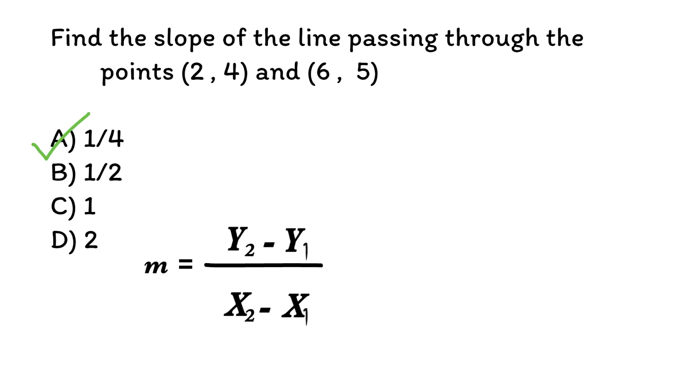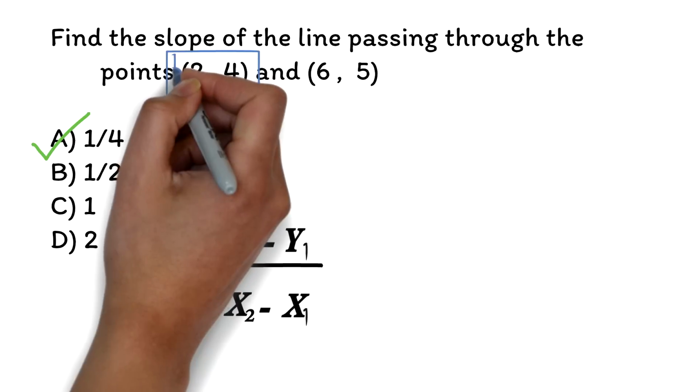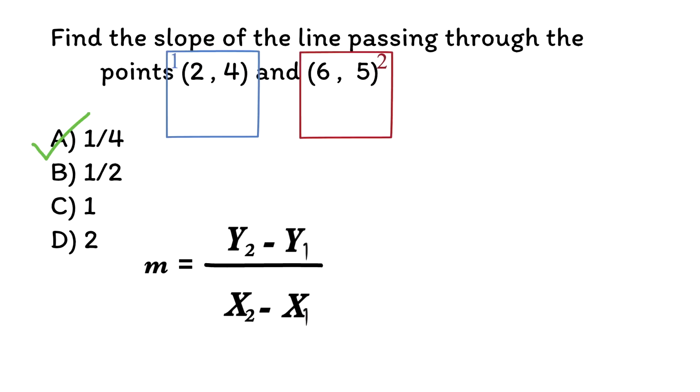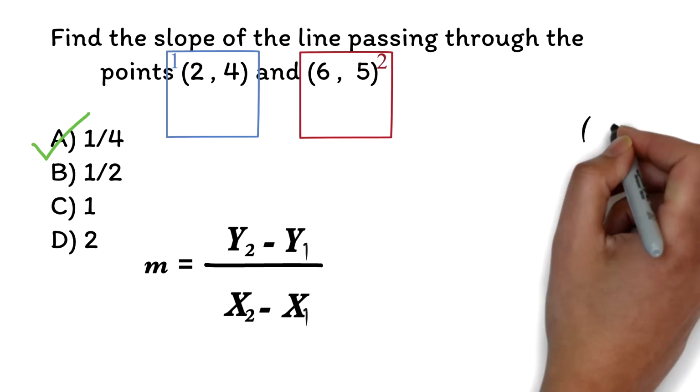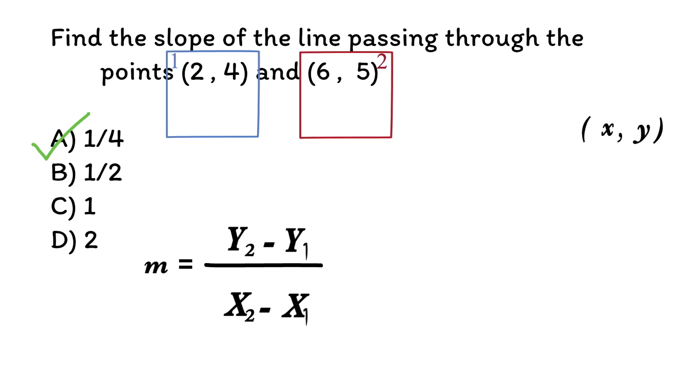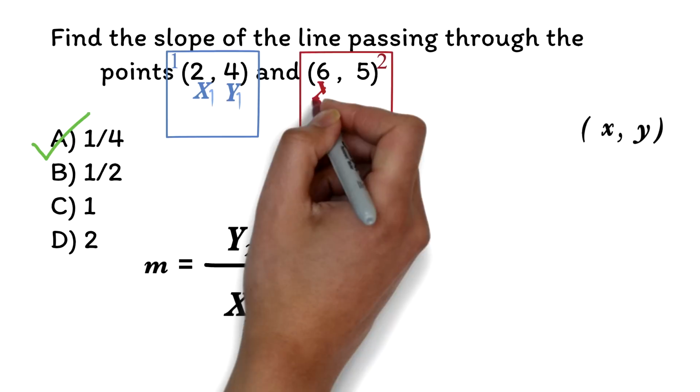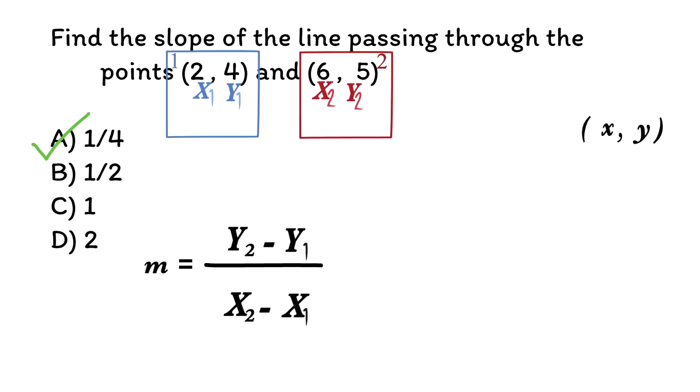Please note that you can call either of the points 1 or 2. I'm choosing this as 1 and this as 2. We know that when you have a point, the first value is your x and the second value is your y. Since we are calling this point 1, we will have x1, y1 here. Same thing for this. Since we are calling this our point 2, we can call this x2, y2.